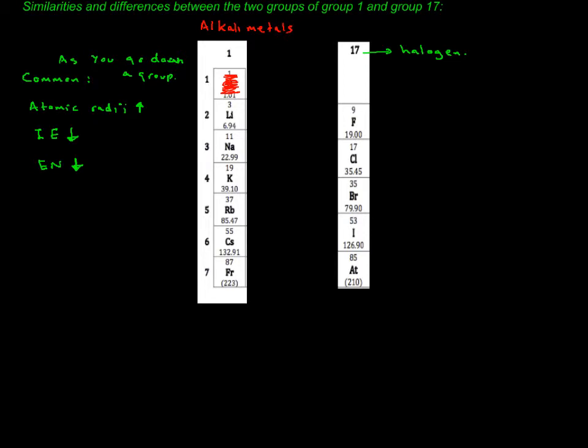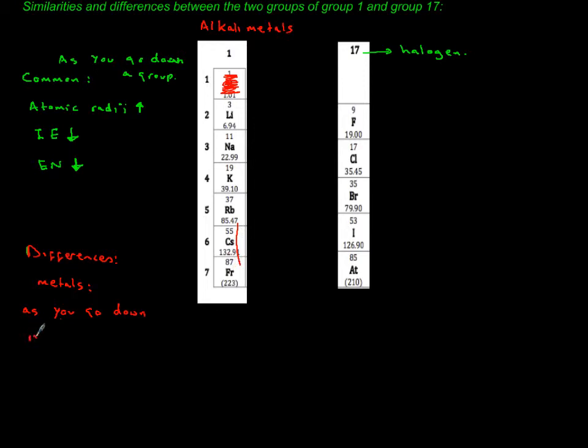Now, there are 2 differences. So differences, let's write it in red. As we go down, let's first look at metals. As you go down, the metals become more reactive because their ionization energy is low.